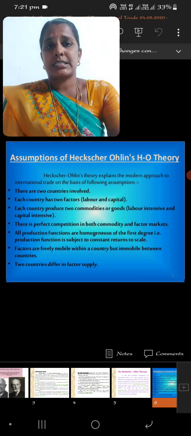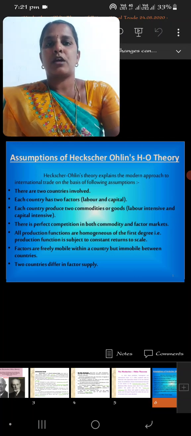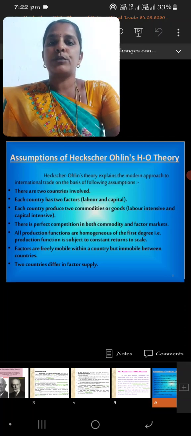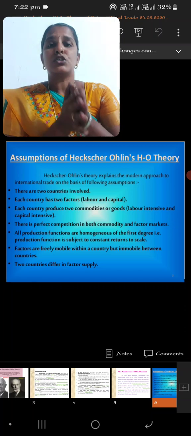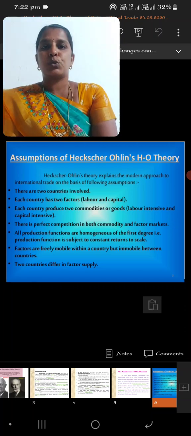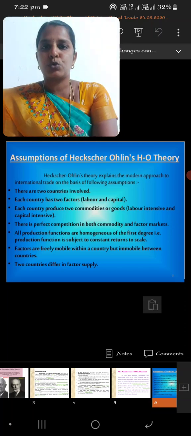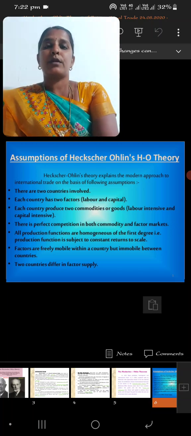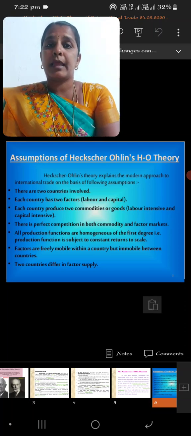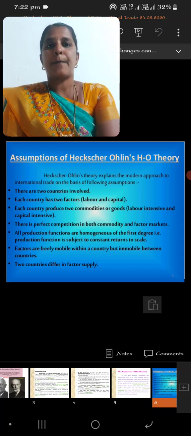If we talk about the assumptions of the Heckscher-Ohlin theory, there are six assumptions. First, only two countries are involved. Each country has two factors, labor and capital. Each country produces two commodities. Here they concentrate only on labor-intensive goods and capital-intensive goods. For labor-intensive goods, a particular country concentrates on its labor force, not the capital force.